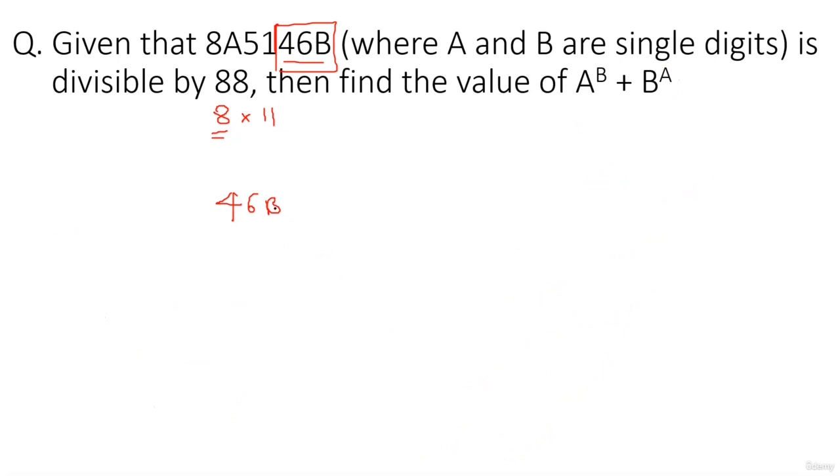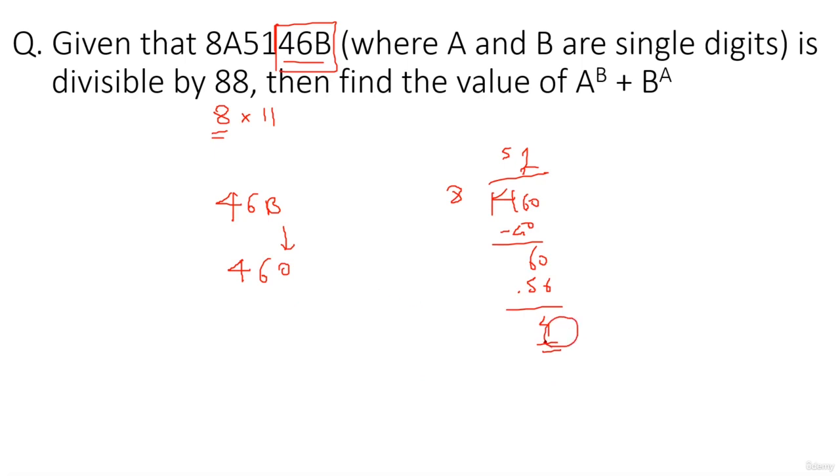You can check by putting B equal to 0. It becomes 460. Will 460 be divisible by 8? Let's check: 8 fives are 40, 8 sevens are 56. No, not divisible; you get a remainder of 4. That means B cannot be 0. The last 3 digits must be divisible by 8.